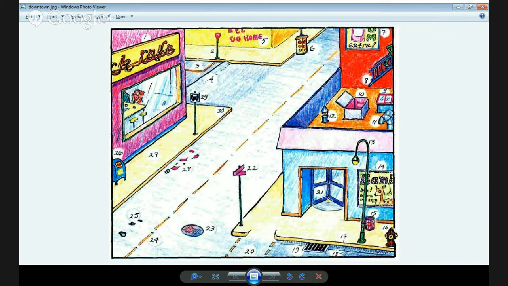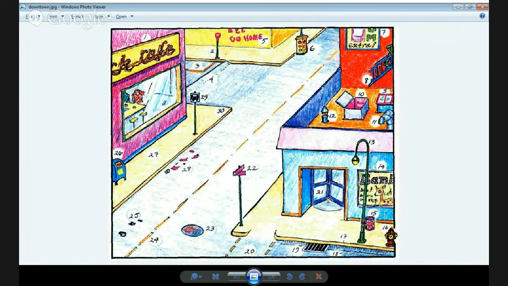Take a look at the map or the picture, the street scene, and tell me if there's anything you see that you don't know how to say. Okay, number 26, number 22, 23. Okay, what does 26 do?